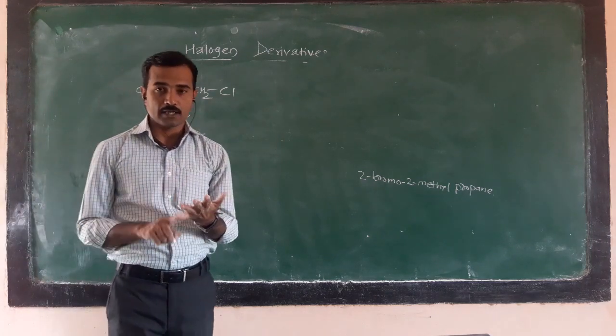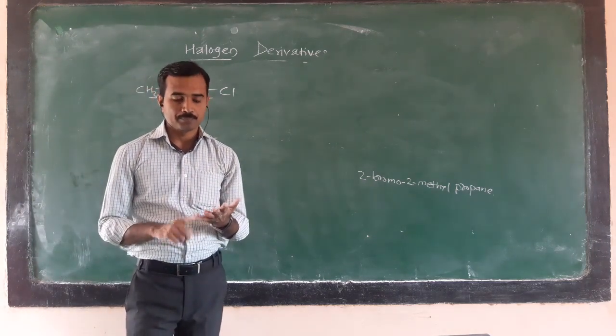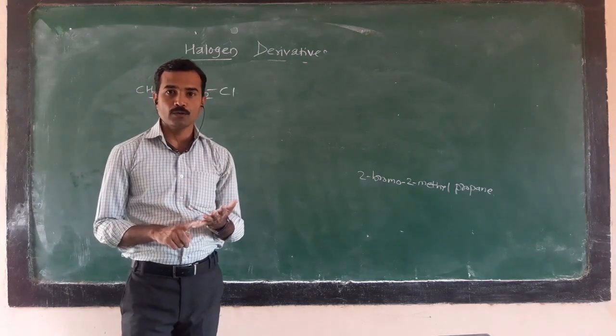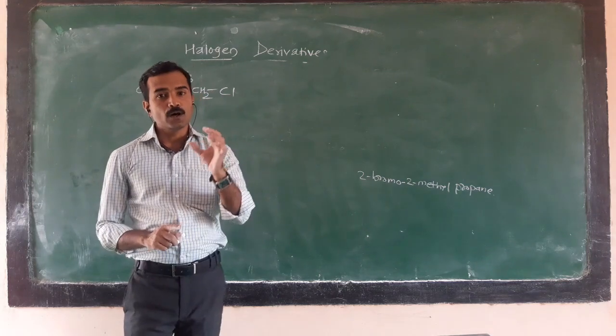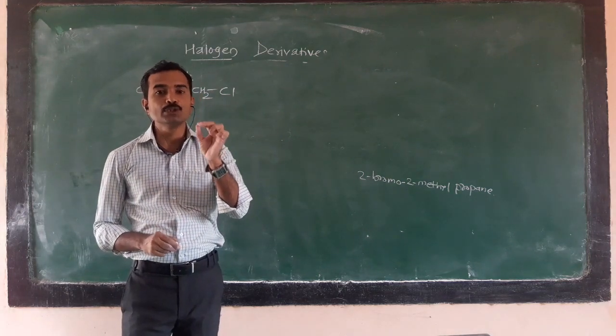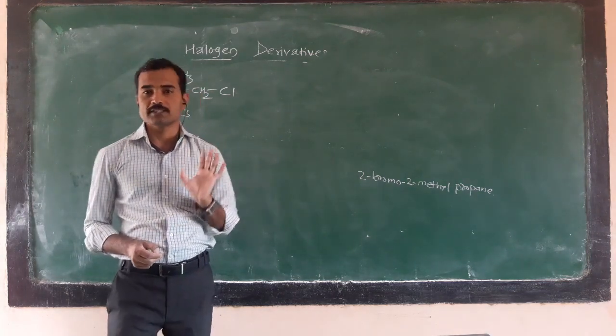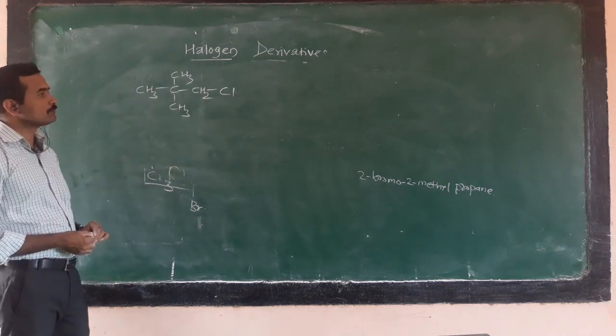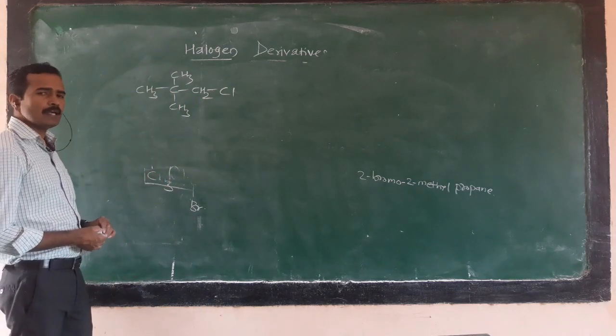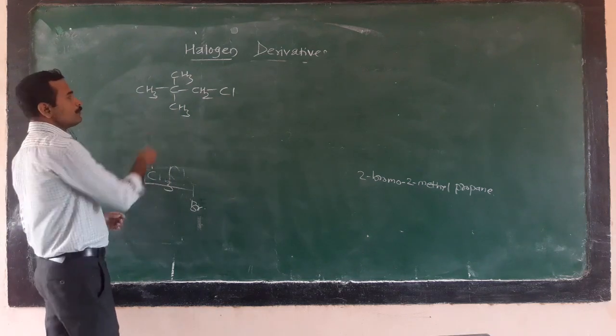N, iso, neo, meta, ortho, para, primary, secondary, tertiary, all these are abbreviations used only in the common system. Remember that.